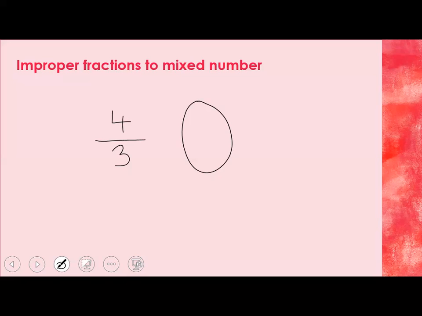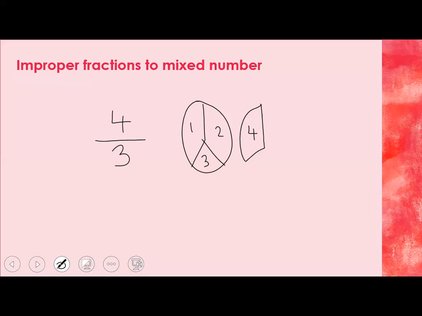How many equal parts have we split it into? We've split it into 3 equal parts. How can I take 4 from these 3 equal parts? Well, I take 1, 2, 3, and then I have to have another third as well. So this is 4 thirds.